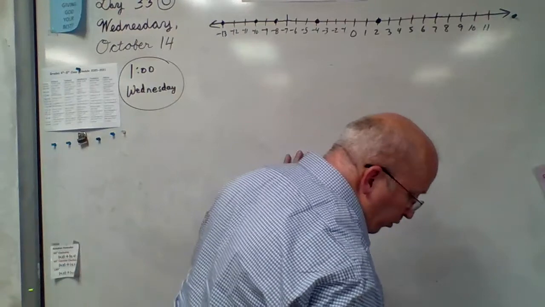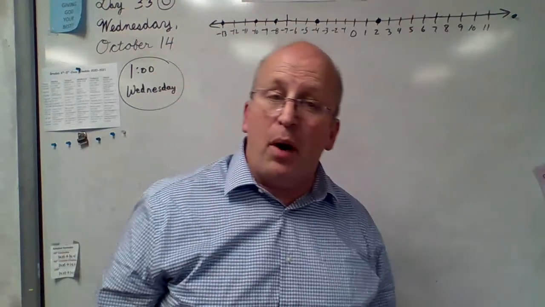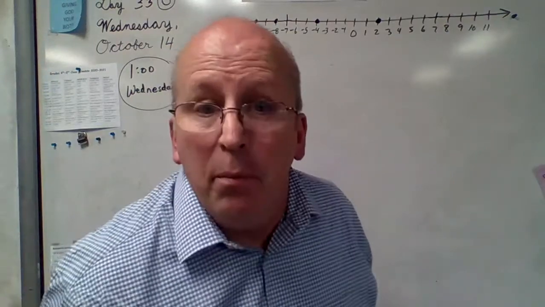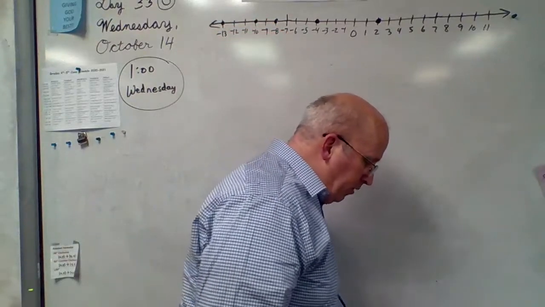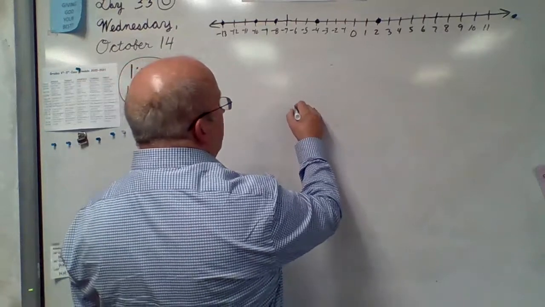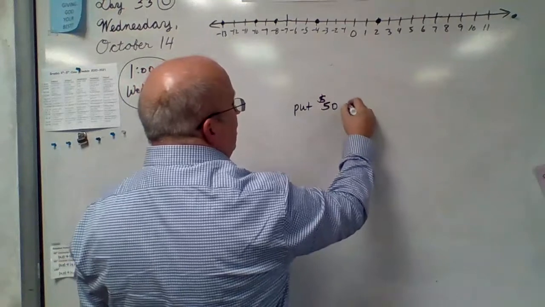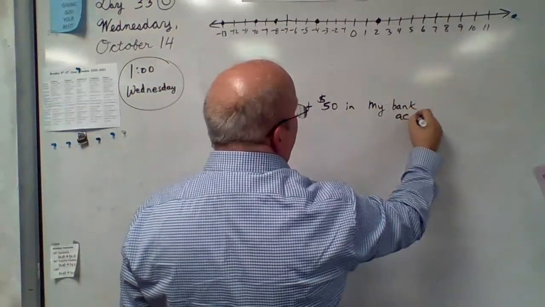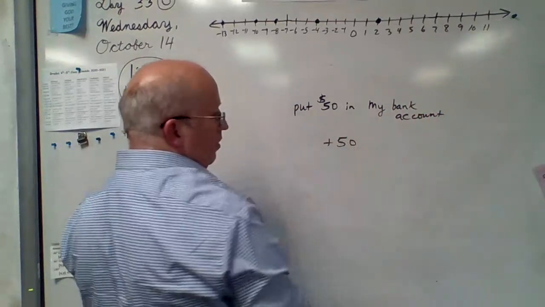Number 4 through 7. We need to write an integer for problems 4 through 7. Some of those are going to be negative numbers and some of those are going to be positive numbers. What do I mean by that, Mr. Ponko? Well, if I said somebody put $50 in my bank account, that would be plus 50.